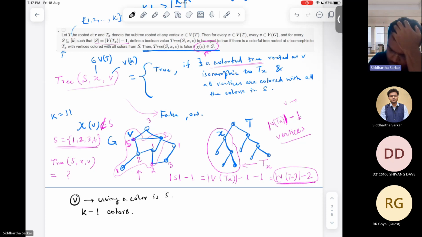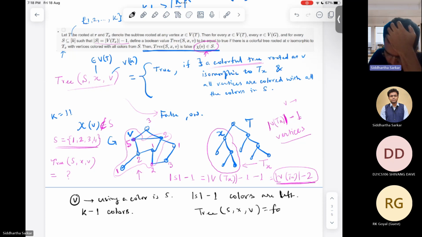So if you consider that after you color the vertex V using a color in S, mod S minus one colors are left, then probably we can immediately say that there is no way the tree of S, x, comma V can evaluate to true, and therefore it will be false. But if k minus one colors are left and k is a very large number, as you have pointed out, then I'm not really sure.